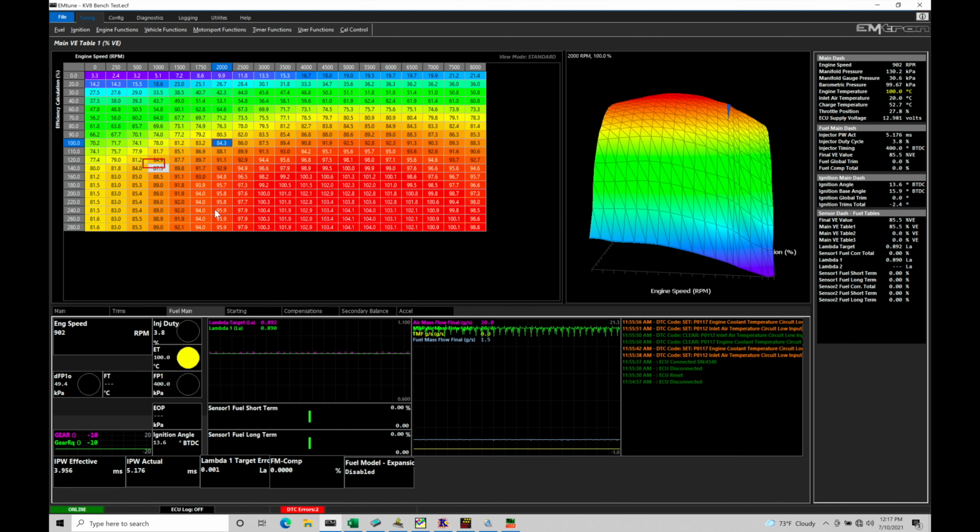With speed density or throttle mass flow, if there's a leak, we're not going to know it. It's not going to be represented in that estimation of airflow. So that's the difference between estimating the airflow and measuring the airflow. There's going to be a huge disadvantage to a mass airflow sensor. But either way, we don't want a leak, so we should take care of that before we tune, and also periodically check to make sure we're not having a leak as we operate our setup in racing conditions.